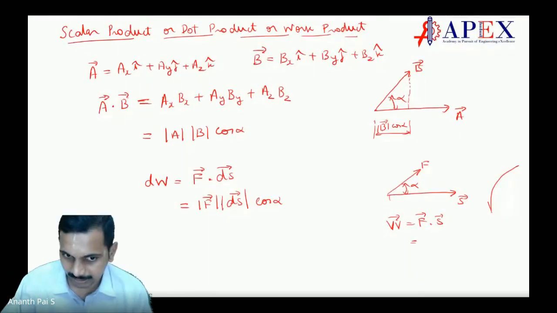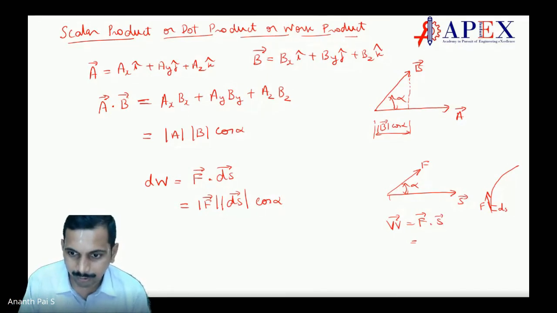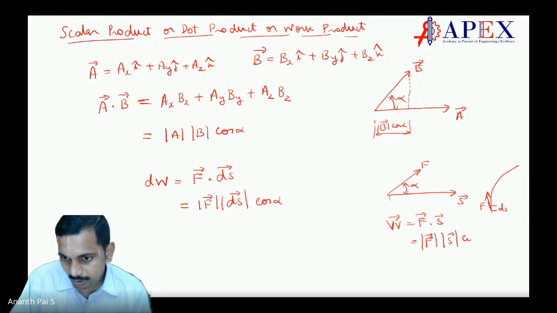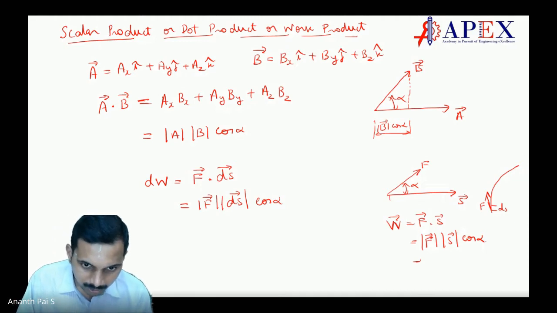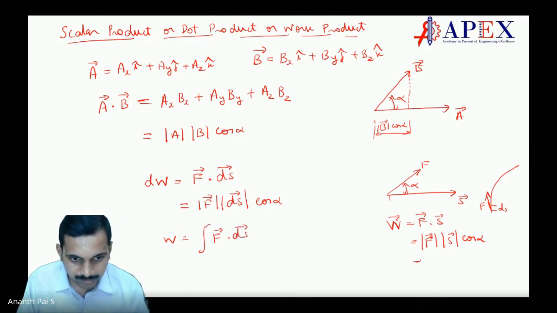If it is going in the same line, then it is F s cos alpha. So work, total work, can also be equal to the integration of F dotted with ds. Make sense? That is the total.